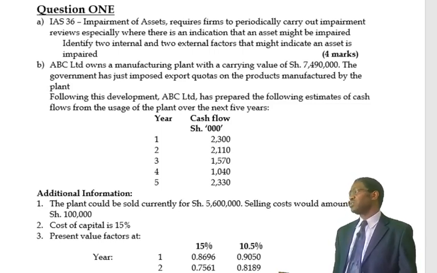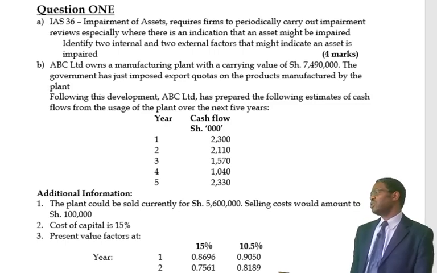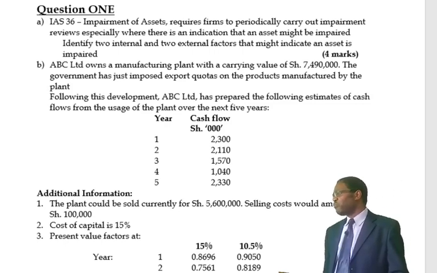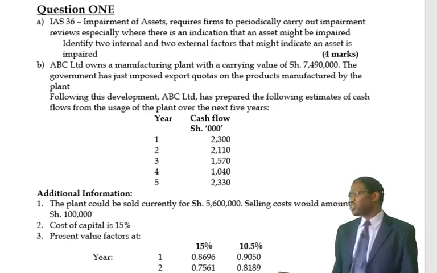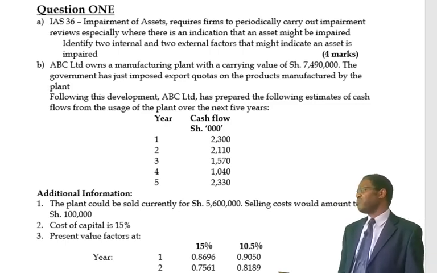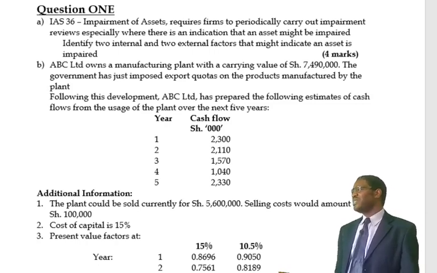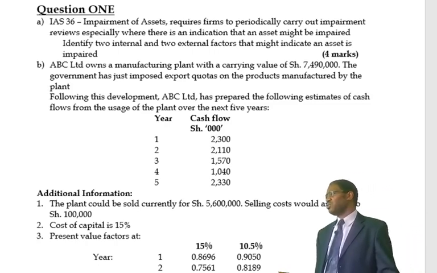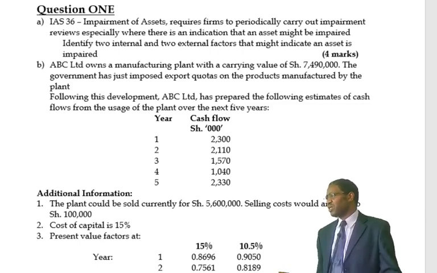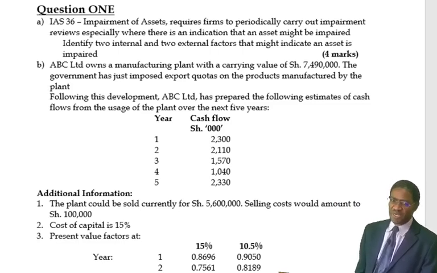It says, part A, IAS 36, Impairment of Assets, requires firms to periodically carry out an impairment review, especially where there is an indication that an asset might be impaired. Then you are told, identify 2 internal and 2 external factors that might indicate an asset is impaired.